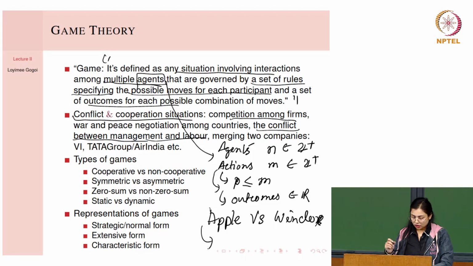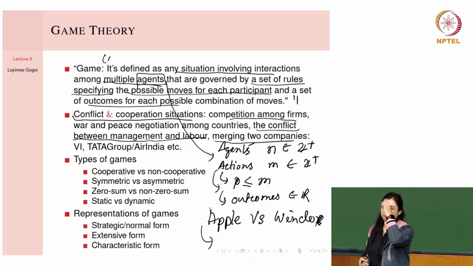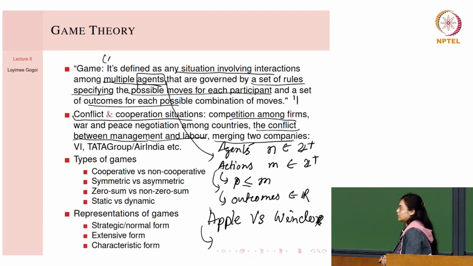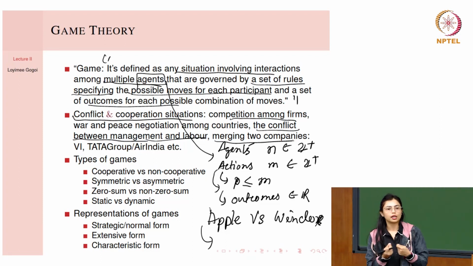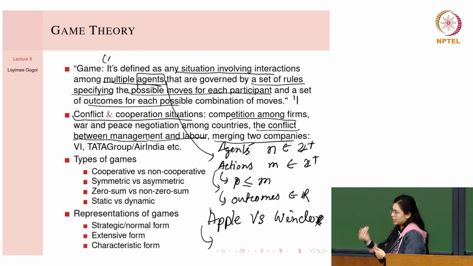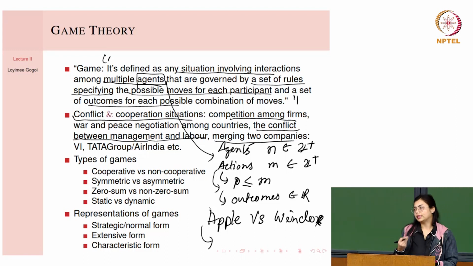Then what is a cooperative situation? A cooperative situation I can give you is the merging of two companies. There are many examples of merging two companies. When two companies are facing a financial crisis and decide to merge and work together so that they invest more and can earn more, they can optimize their profit.